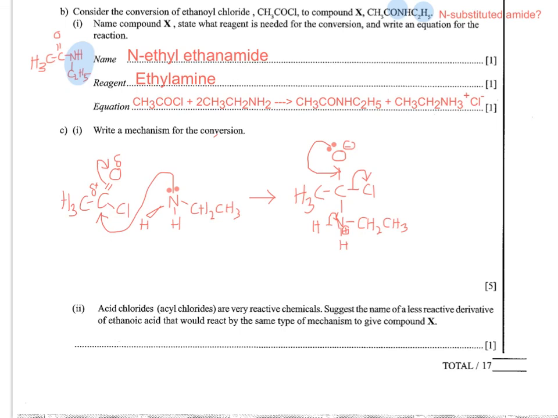However, the equation states that we also produce ethyl ammonium chloride. So how do we get the ethyl ammonium chloride? Well, you'll notice that we had 2 lots of ethylamine, didn't we? So that's a second reaction that now takes place. And it involves the HCl.